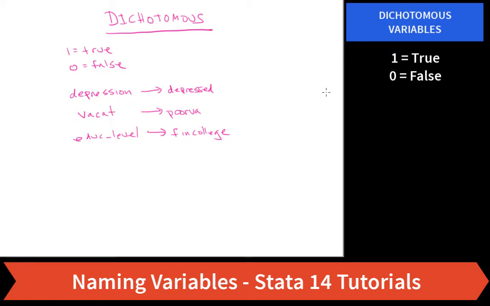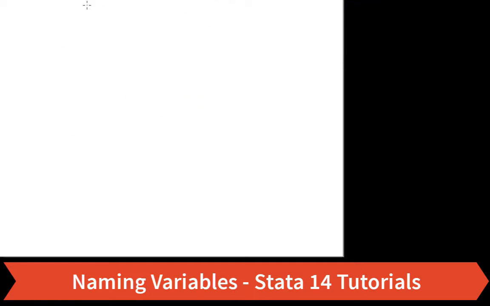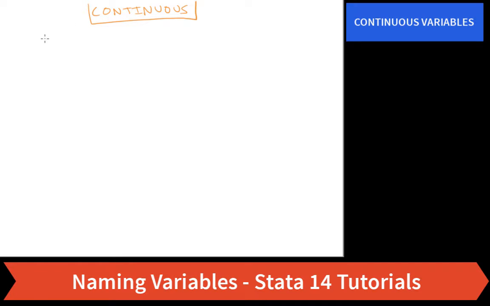Let me give you one other example real quickly, and this is for continuous variables. When you have a continuous variable, you want the variable name to tell you a couple of different things.